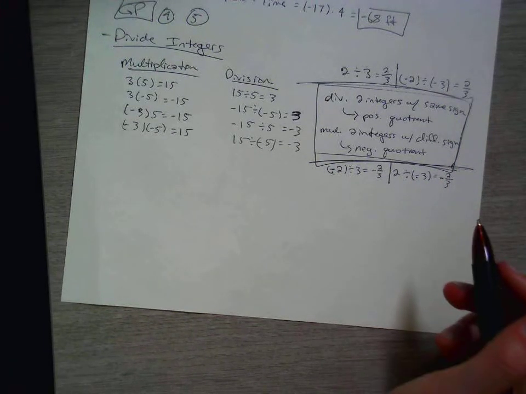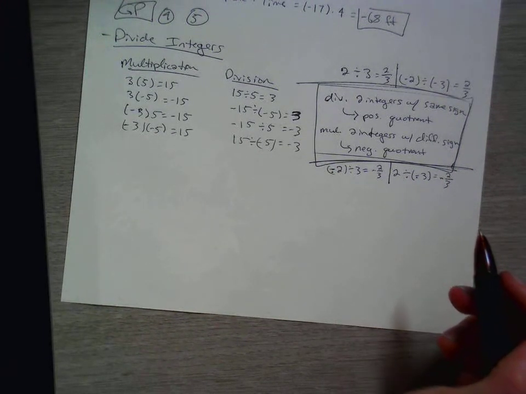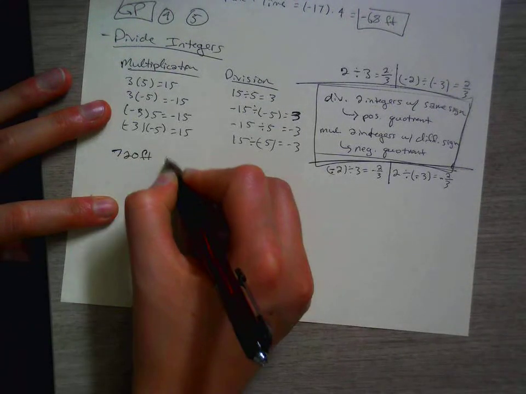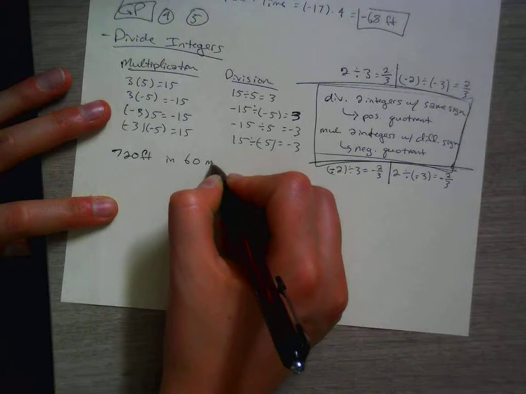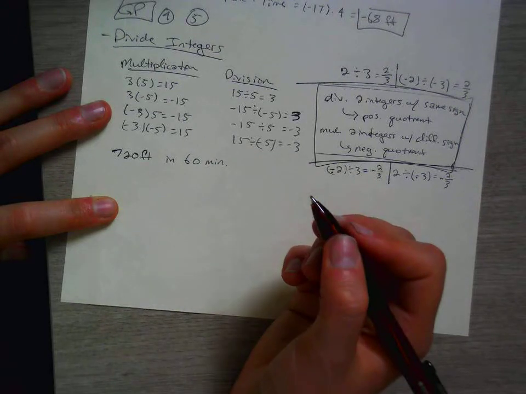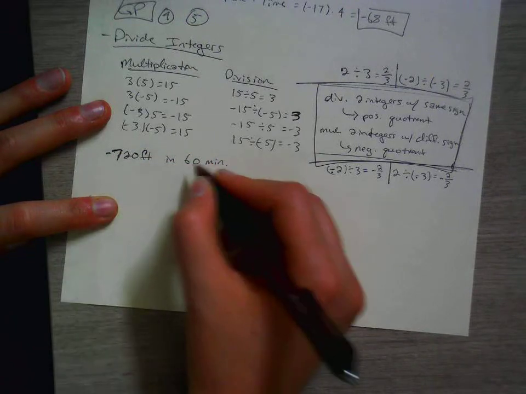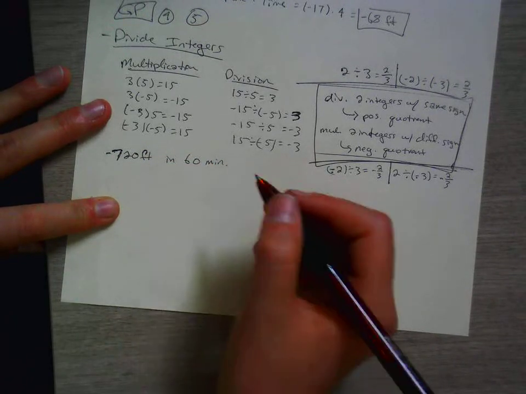Okay, you can use division in real world situations also. A submarine descends 720 feet in 60 minutes. Find the submarine's change in elevation per minute. So the descent is negative because we're going down, right? And that's in 60 minutes. To translate this, we're going to divide.